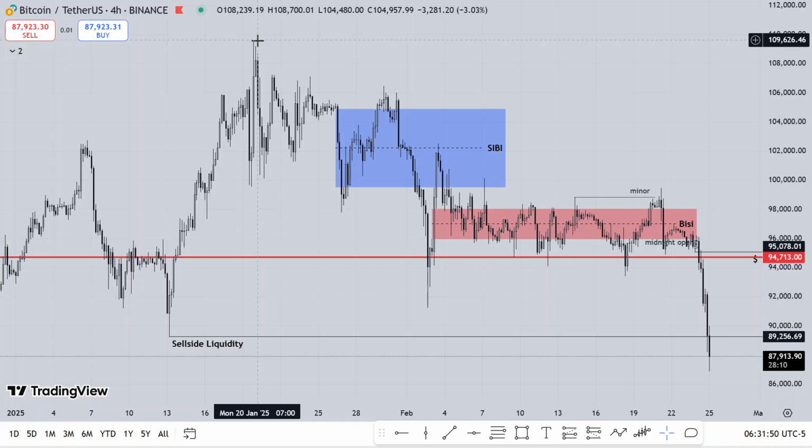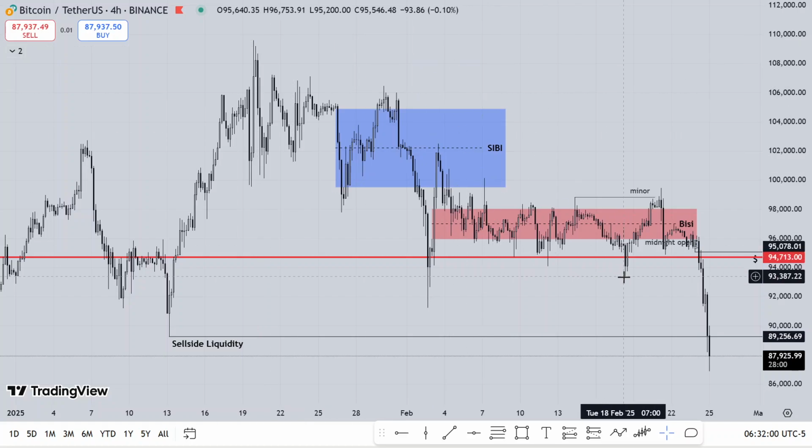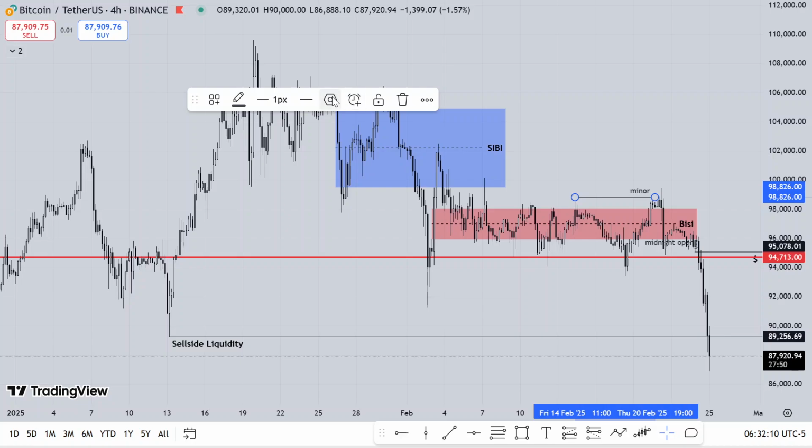We understand that their logic is flawed because they are not trying to pair up liquidities on both sides of the market. On Tuesday of the previous week, we rallied higher one more time to pair up this minor buy side liquidity.